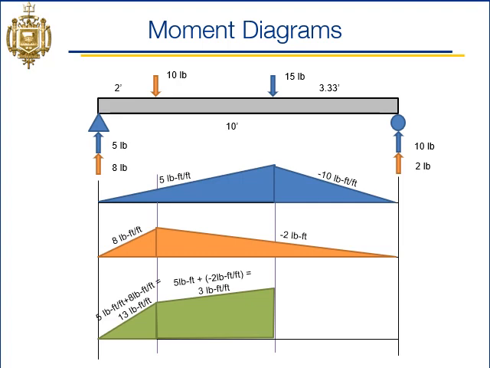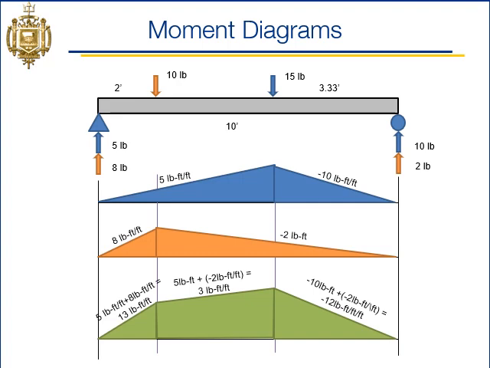All right, now looking at our last block here between the second purple line and our roller on the right, we add up our two values of slope, negative 10 pound-feet per foot and negative 2 pound-feet per foot. It's going to give us negative 12 pound-feet per foot over a distance of 3.33 feet.